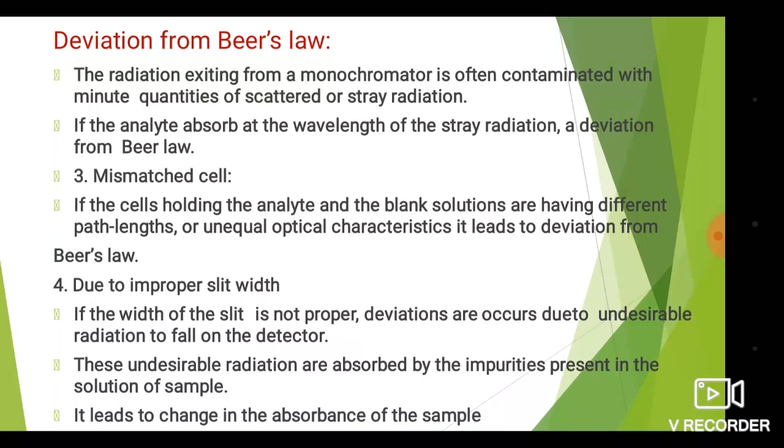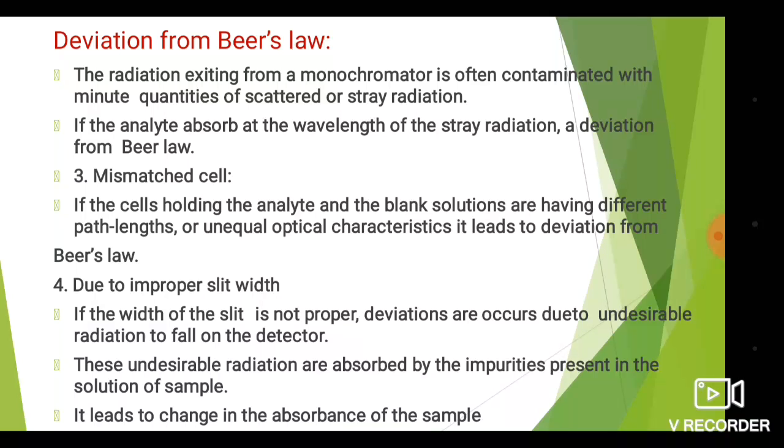Mismatched cells: if the cells holding the analyte and the blank solution have different path lengths or unequal optical characteristics, it leads to deviation from Beer's law. If the reference cell and the sample cell have the same path length, then no deviation occurs. But if we use different cells or different optical characteristics for the sample cells, then we will definitely get the deviation from Beer's law.